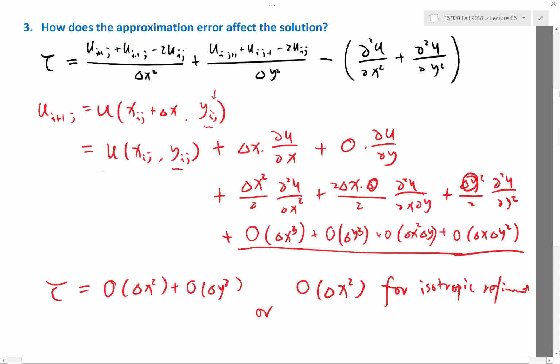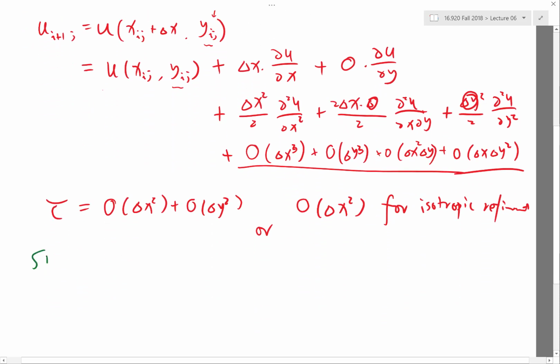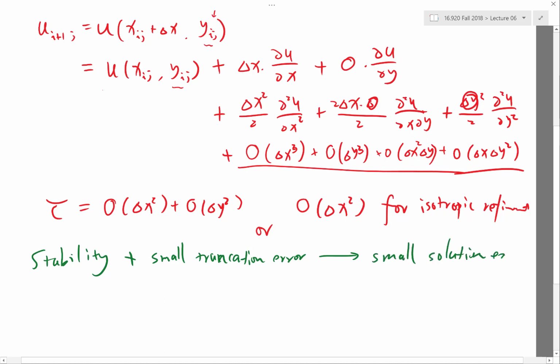So basically, previously what I had is stability plus small truncation error leads to small solution error. We'll see how this is going to be reflected in this particular case.